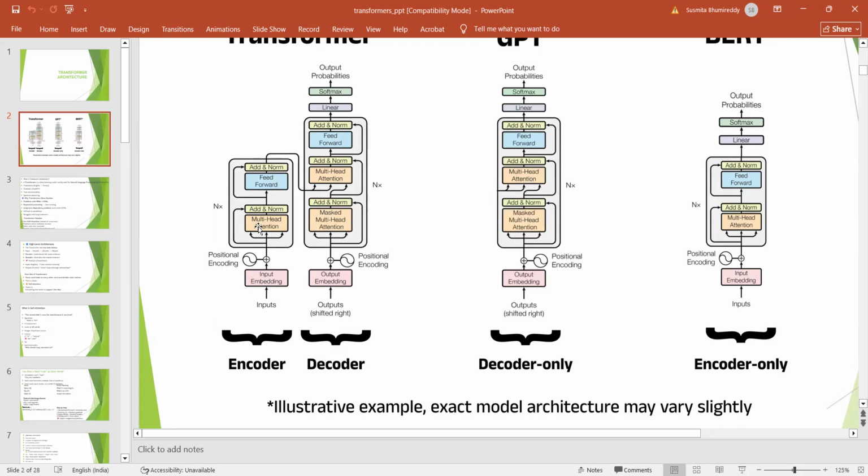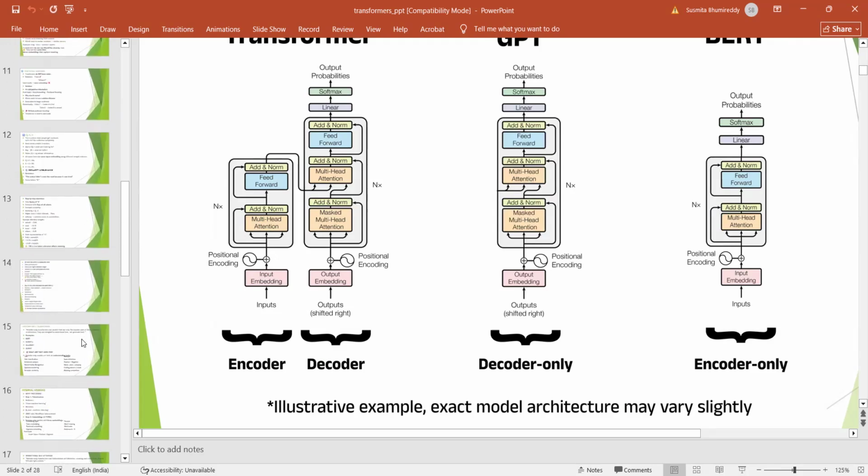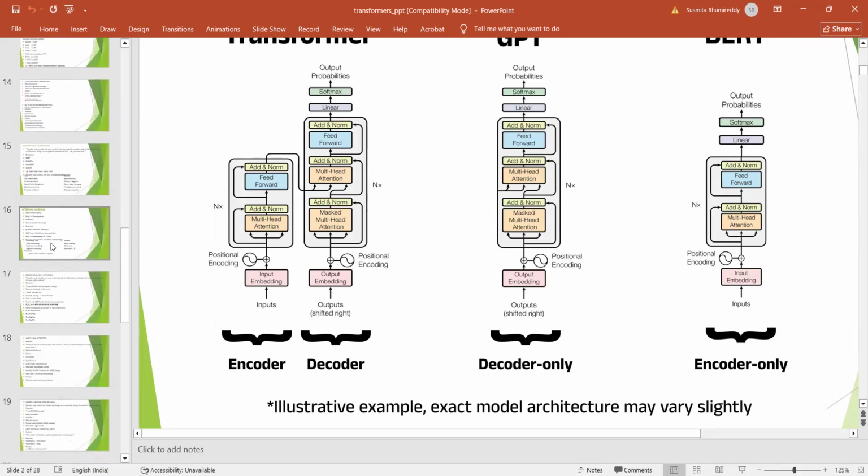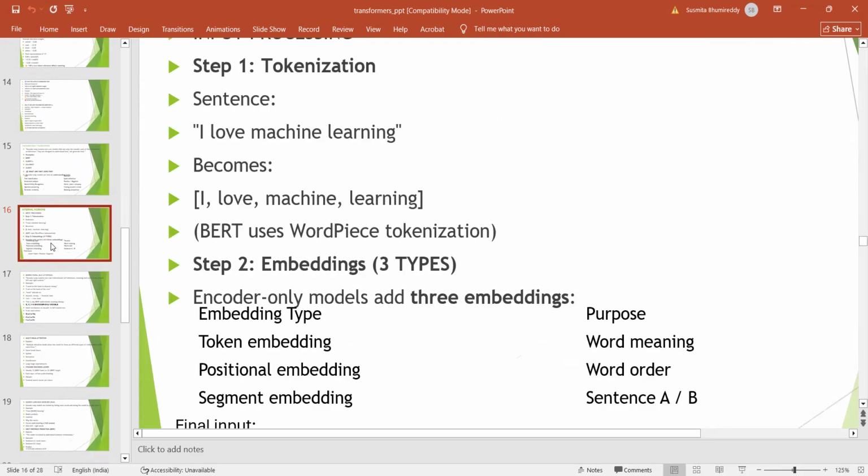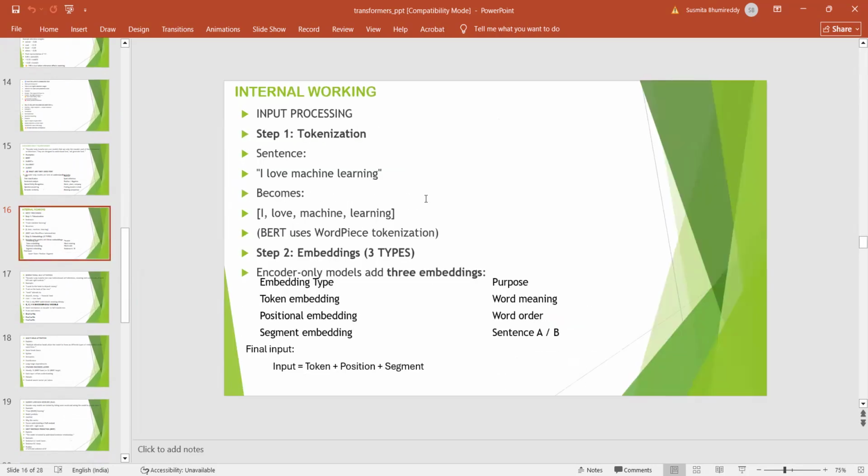Here it will also do multi-head attention. As I said, step one is the tokenizer. It will tokenize all the sentences. It will become like: this is a token, I is a token, love is a token, machine is a token, learning is a token.